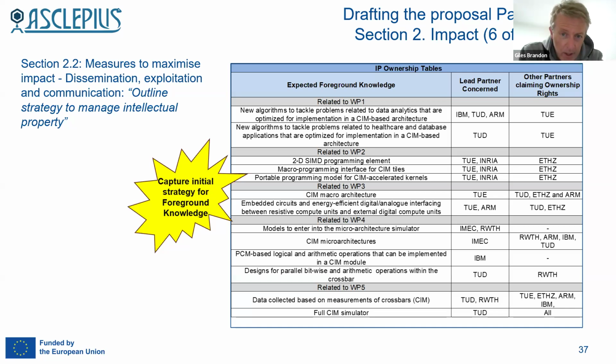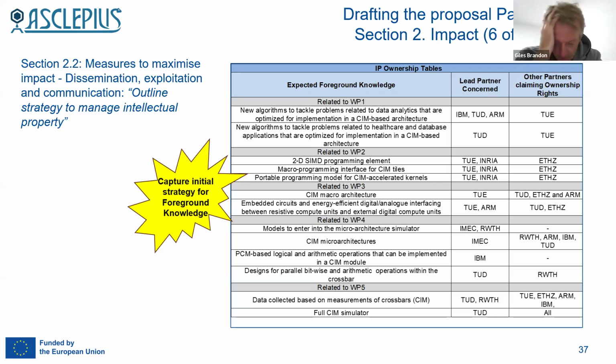And I ask the partners, especially the work package leaders, look, please describe what you anticipate will be the new knowledge, the foreground knowledge that will be generated. At the same time, please indicate who you think will be the lead partners concerned in that area, and who might be other partners in the consortium that will claim some kind of ownership rights.